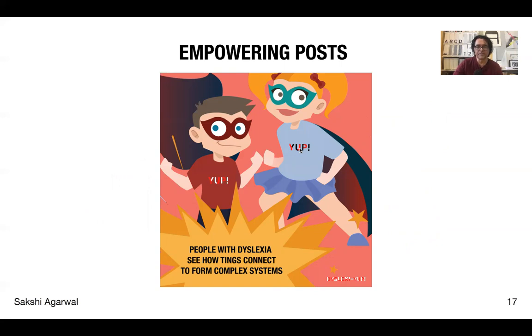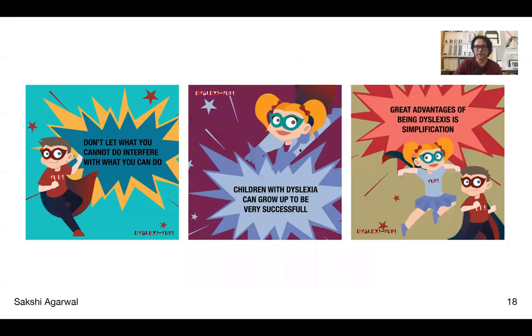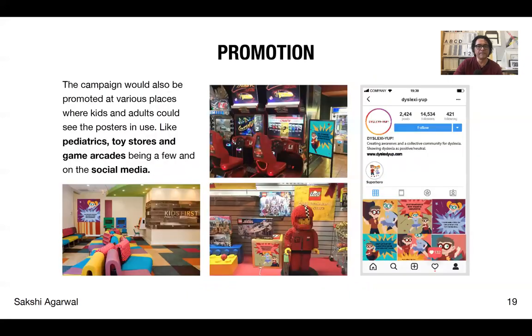"People with dyslexia see how things connect to form complex systems." So taking data about the attributes of dyslexic people and using that as the message, and doing that as a series, again introducing this idea of a superpower duo, the Yupsters. And then creating promotions that go beyond social media, into the places where kids are.